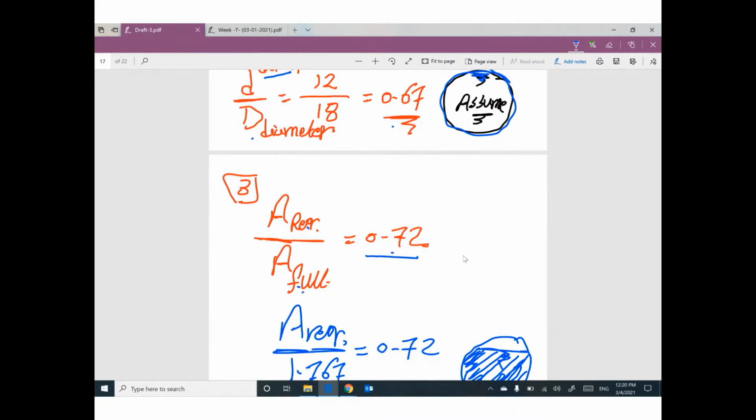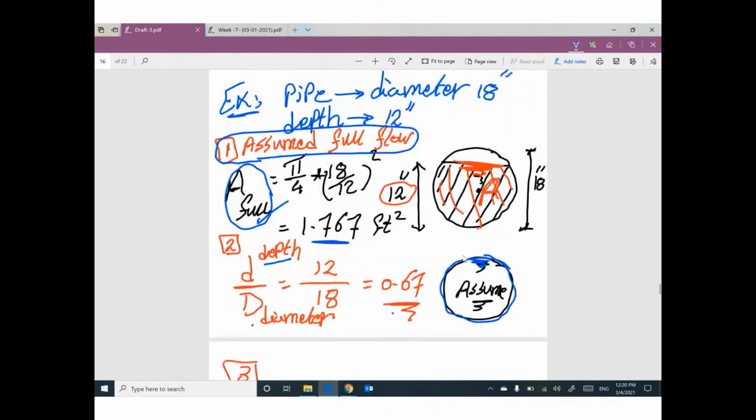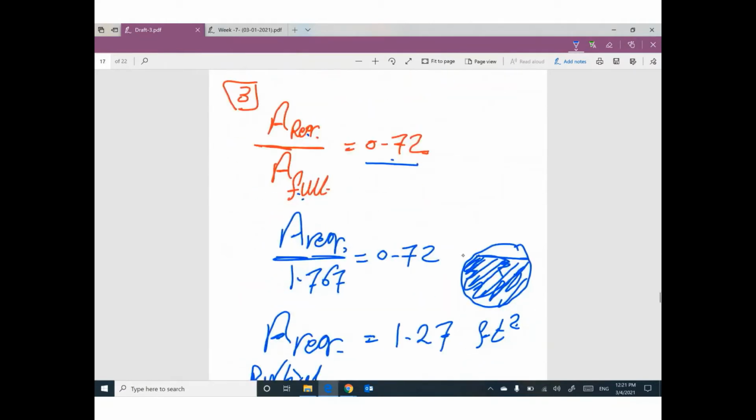Can you remind me what was the area full? Area full means you assumed the pipe is full. The area was 1.767, which equals pi divided by 4 times diameter squared. So I removed the area full and replaced it with 1.767. We still have area required divided by 1.767 equals 0.72.